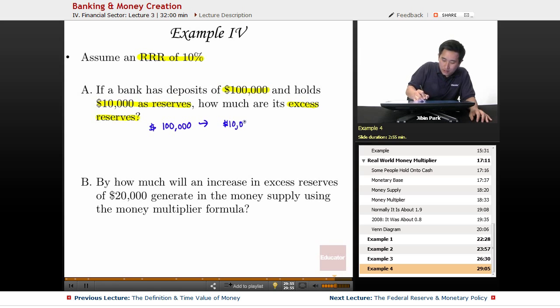That's the required reserve. So if the ratio is 10%, the required reserve is going to be $10,000. If the total is $10,000, the excess reserve is zero. So there's no excess reserves.